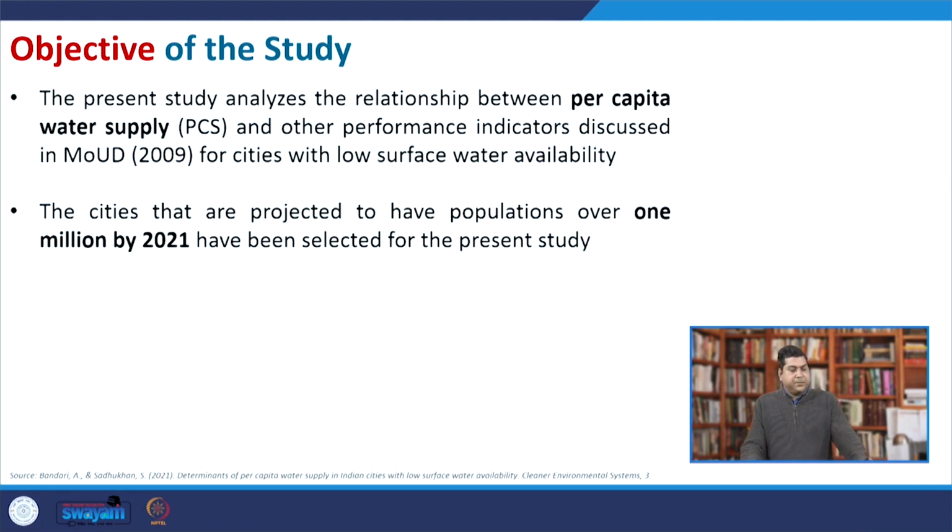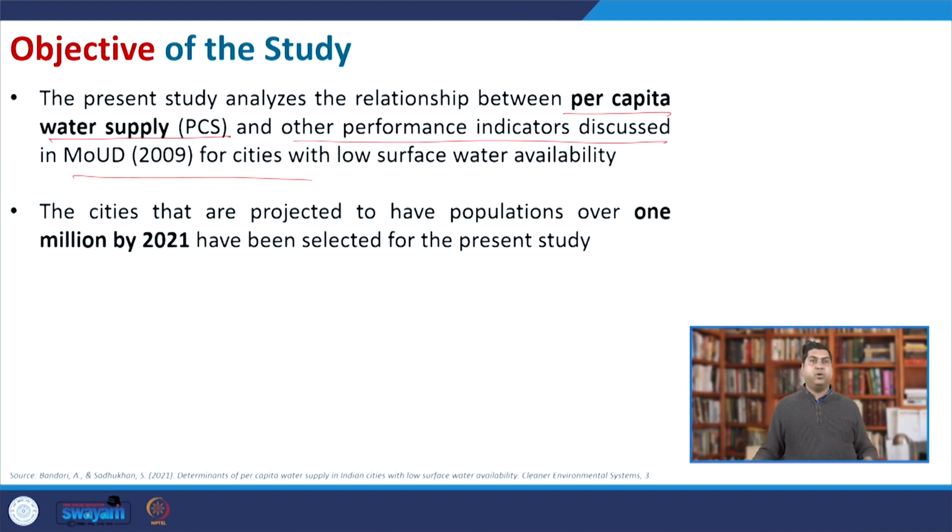Coming to the objective of the study, the present study analyzes the relationship between per capita supply, which we thought of as a dependent variable, and other performance indicators discussed in the SLB, like the other 8 indicators. For that, initially we gathered all the information available from different sources.